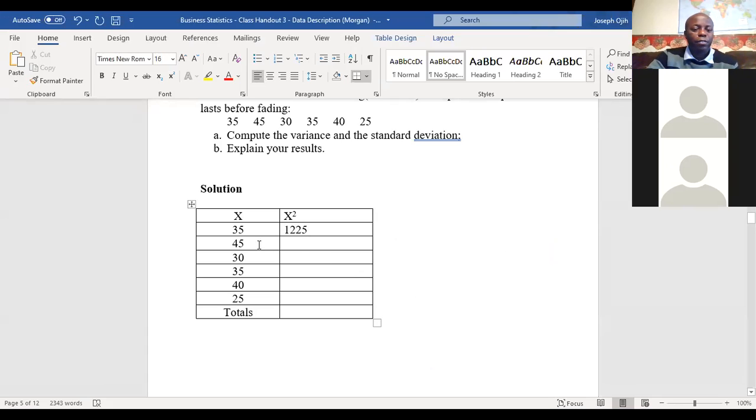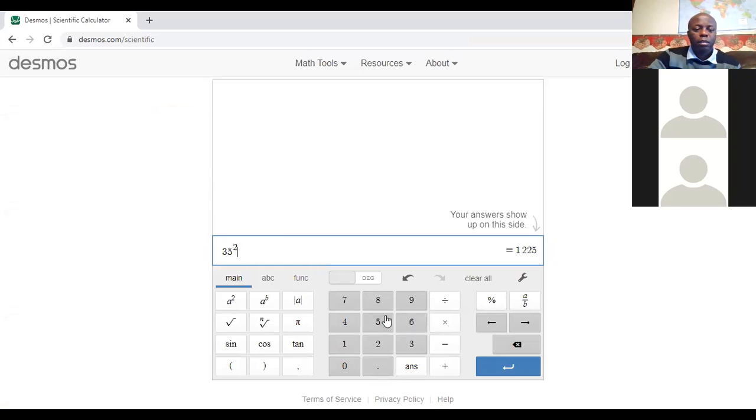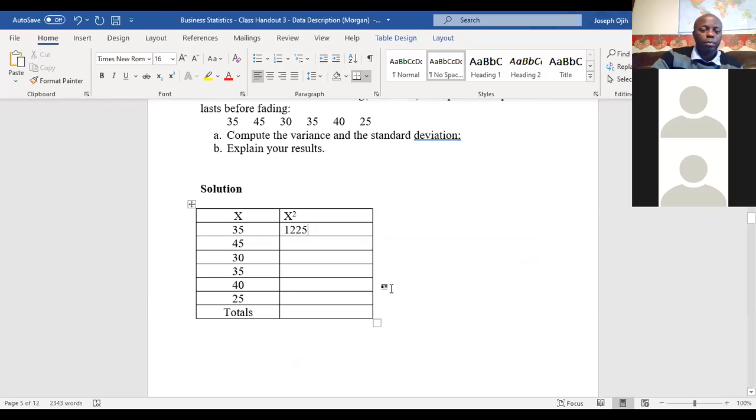Next is 45 squared, so I'm going to take it back to Desmos to get 45 squared. Okay, got this. 45 squared is 2025. So taking you back to the work, 2025 for that.